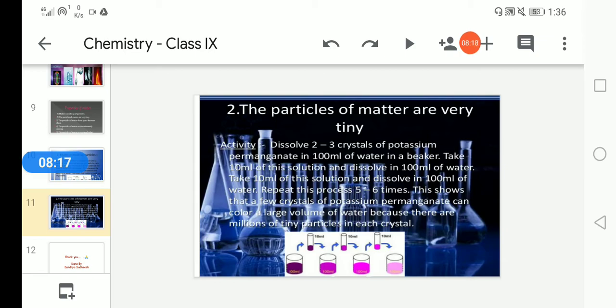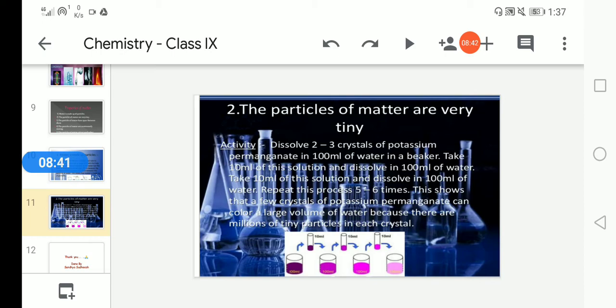We can see that the volume of the first beaker and the second beaker is the same, but the intensity of color in the two beakers is not the same. The intensity of color decreases when compared to the first beaker. The same activity is repeated 5 to 6 times.